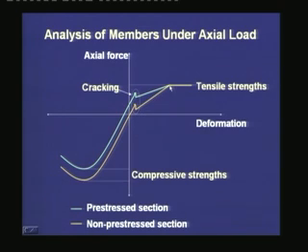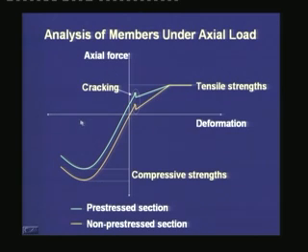And finally, when it reaches the yield stress of the steel, the increase in the axial force is negligible, and that instant is when the member has achieved its ultimate tensile strength.